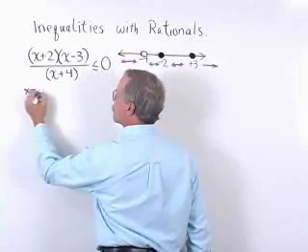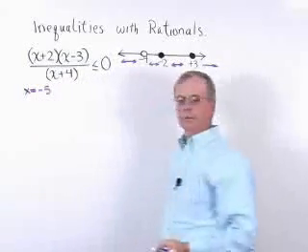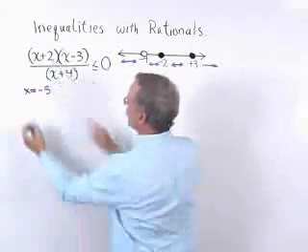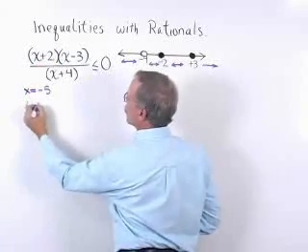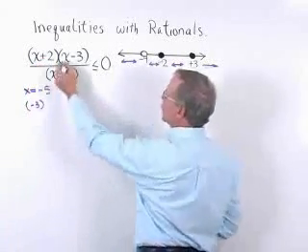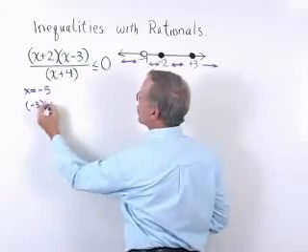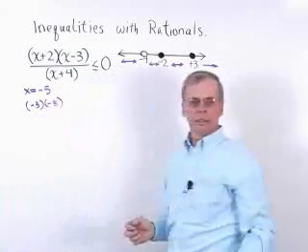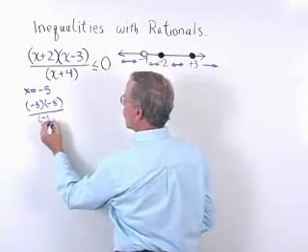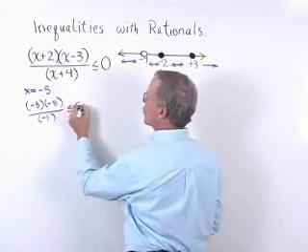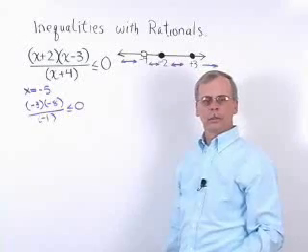If x equals negative 5, then negative 5 plus 2 is negative 3, and negative 5 minus 3 is negative 8, and negative 5 plus 4 is negative 1. We want to know whether that's less than or equal to 0.